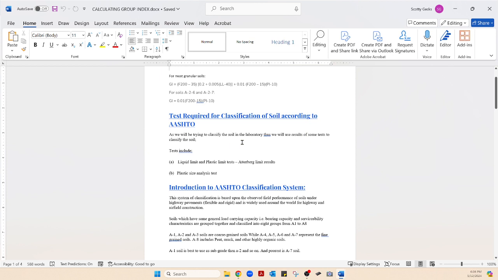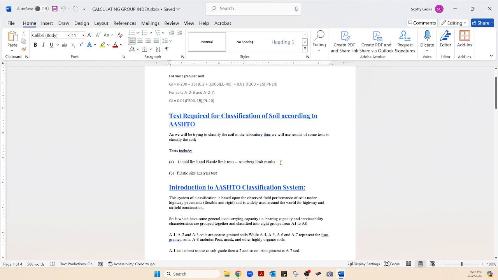As we will be classifying soil in the lab. No, we're not. We will use results of some tests. We don't have labs and we're online, so we will take results that I have accumulated to do these things with. The tests include liquid limit and plastic limit. Those are all Atterberg limits.